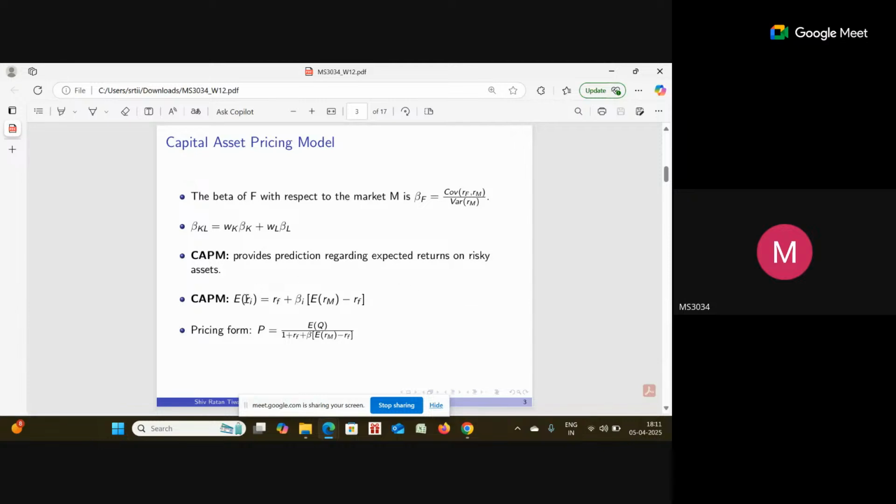So here the expected return would be expected price q minus p divided by p, and if we equate it to this return which we get from CAPM, then we get this pricing form of the capital asset pricing model. And we take some example where this information is given and you are asked to calculate these things.